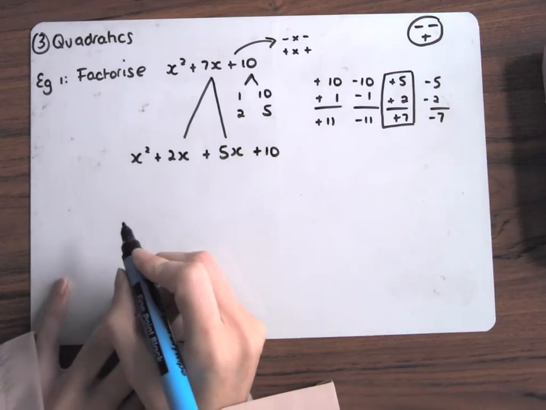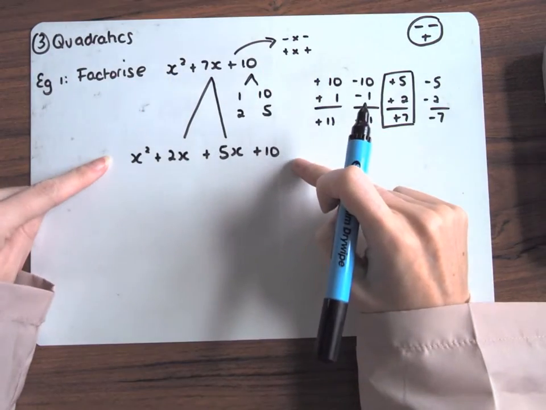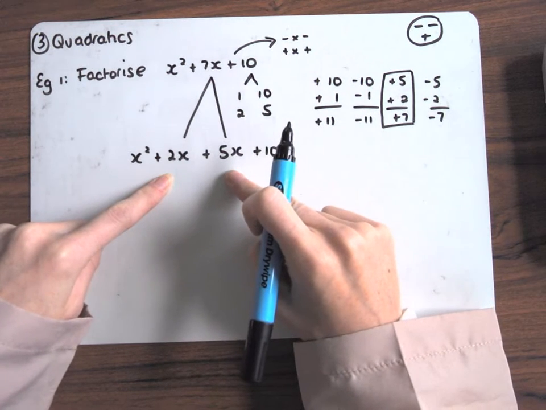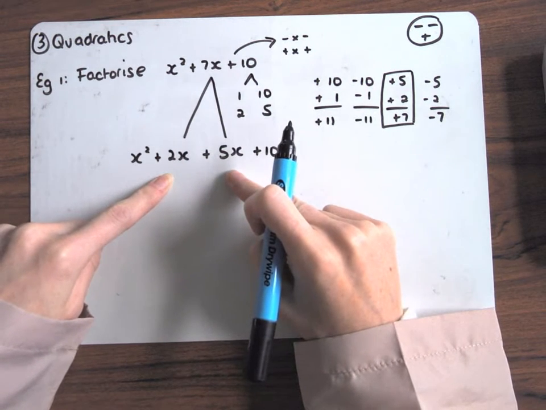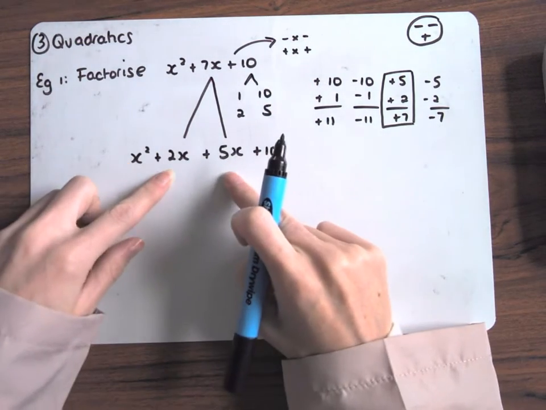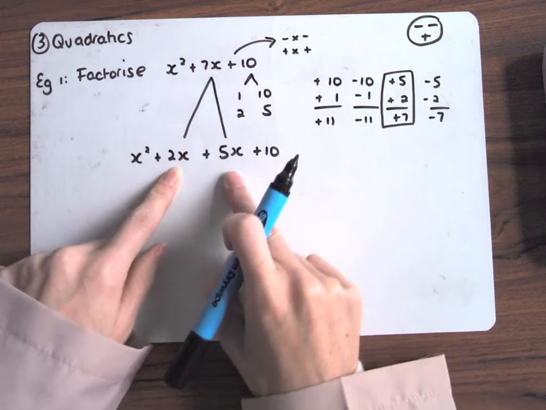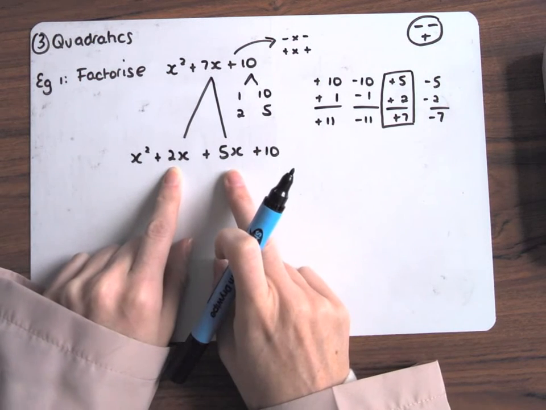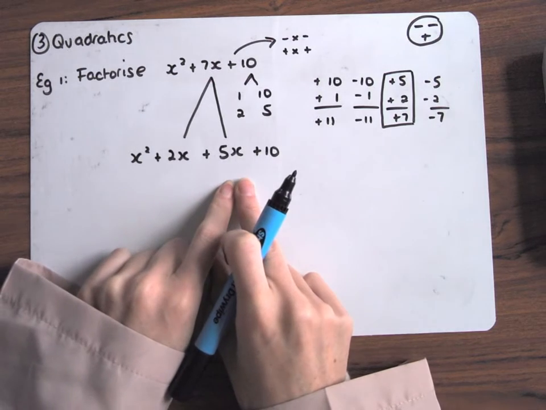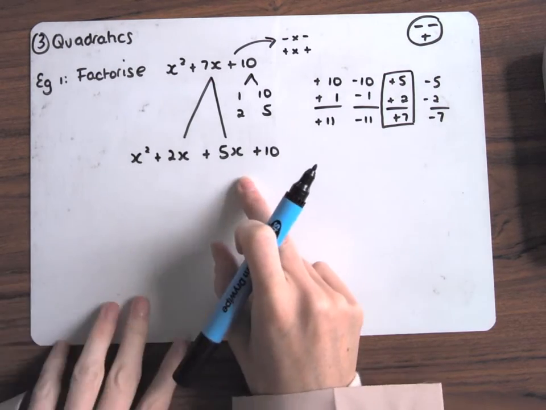So all I've done is I've written this sum down again, but instead of the 7, I've put in a 2 and a 5. The x squared stays there, the 10 still stays there. It's just the 7 that changes. I split it into 2x and 5x. It doesn't matter whether you do plus 5x plus 2x or plus 2x plus 5x.